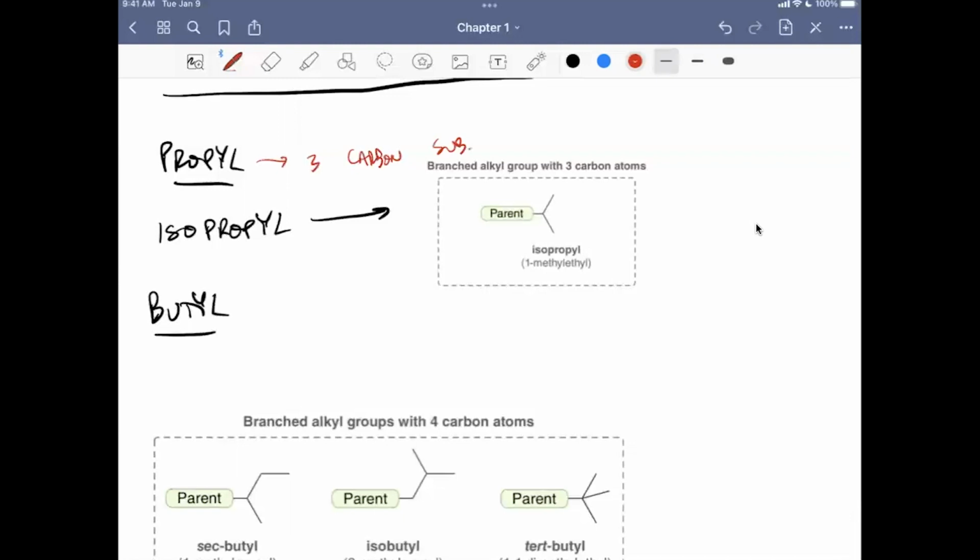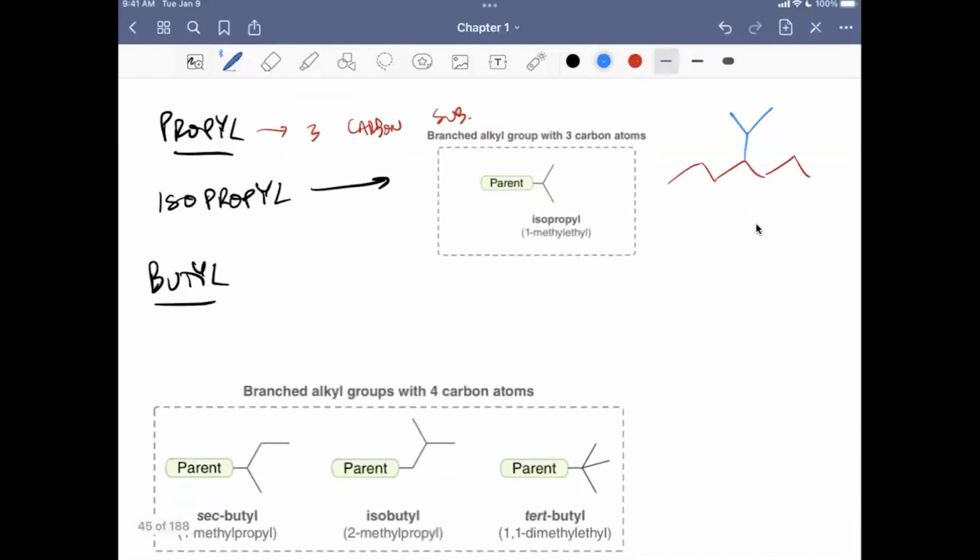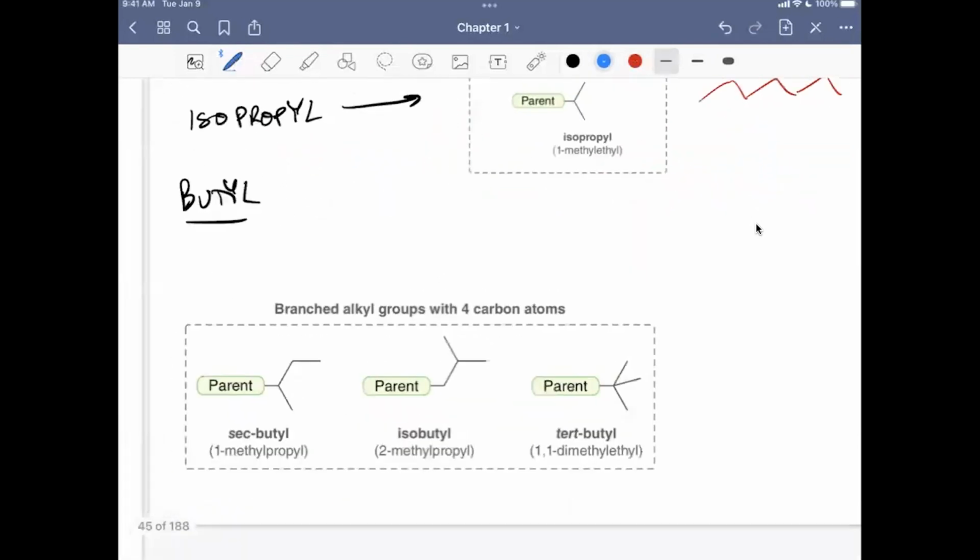So when you have 3 carbons and they're oriented in this pattern, so let's say we have our parent group. Let me just write out a molecule. This is our parent right here. An isopropyl will look like this. 3 carbons kind of branched out into a Y. It is called an isopropyl. And again, we'll learn how to bring all these names together to make one molecule's nomenclature.